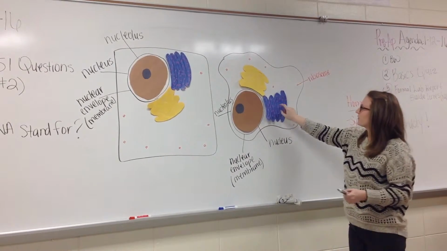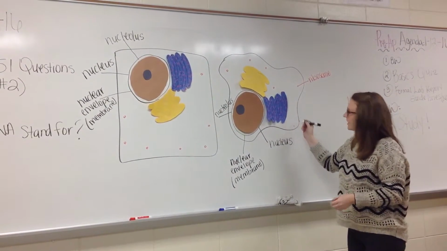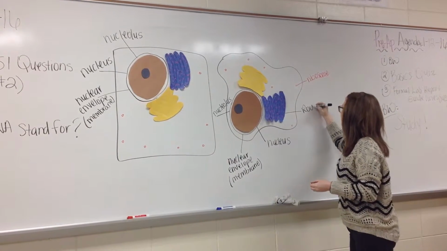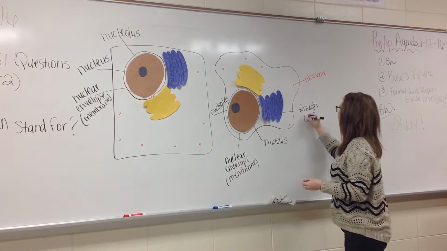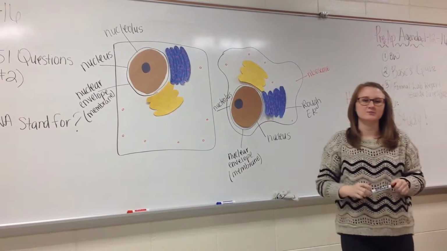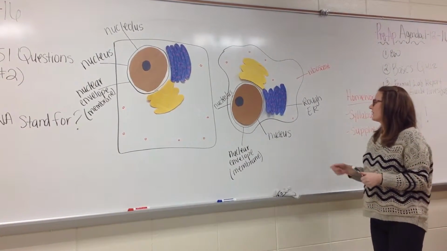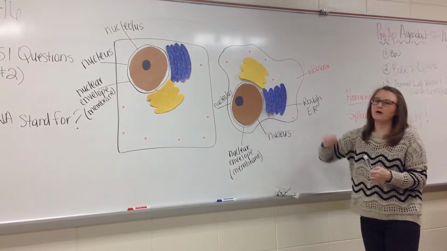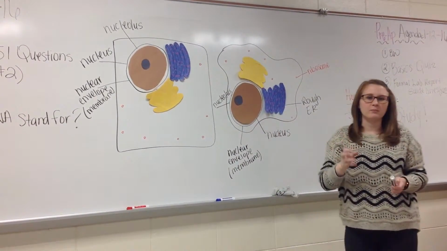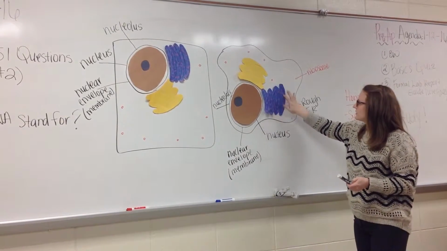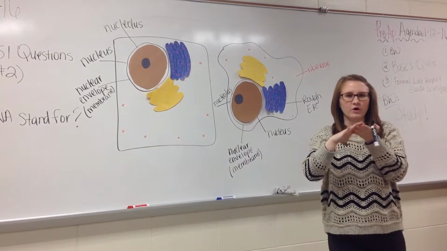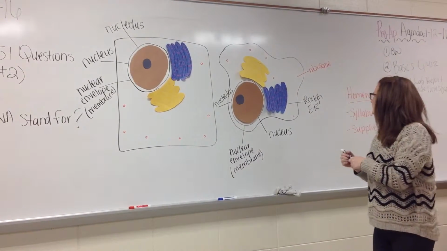Now, our first one, we were talking about the one with ribosomes attached or bound. This is called rough ER. We shorten endoplasmic reticulum to ER so you don't have to write it all out. They called it rough ER because whenever they looked at it under a really strong electron microscope and saw these bumps attached to it, they thought it would have the texture of being rough, or kind of like sandpaper.